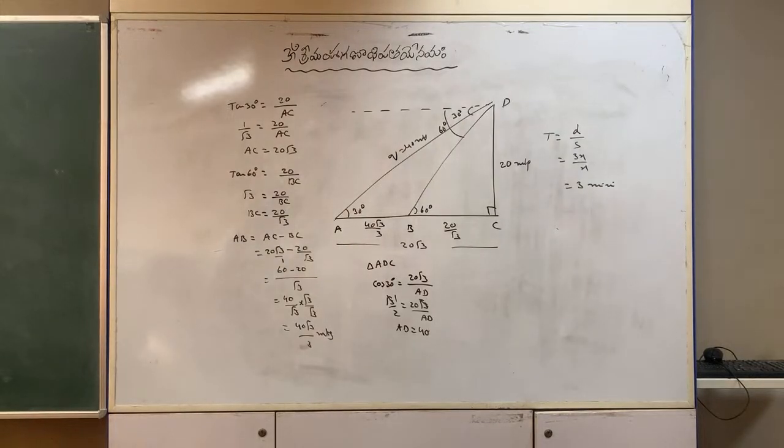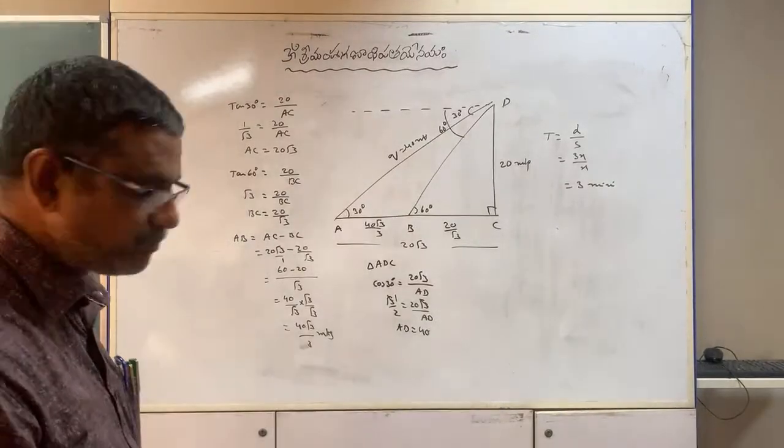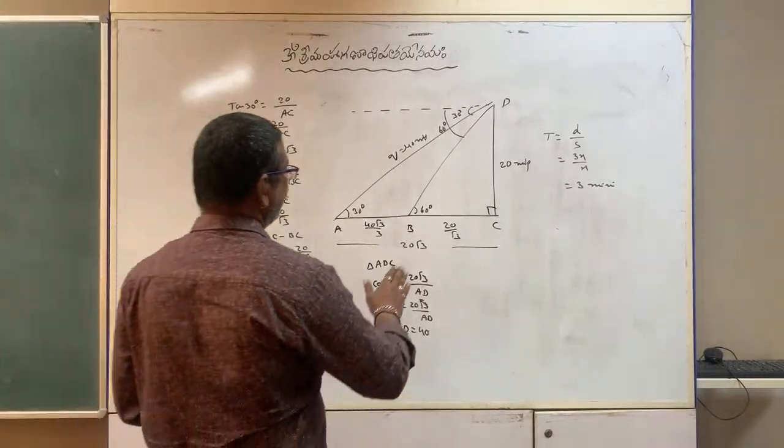Next, question number 3. If the distance between the base of the cliff and the boat is 12, when the angle of depression is 60, then what is the height of the cliff?